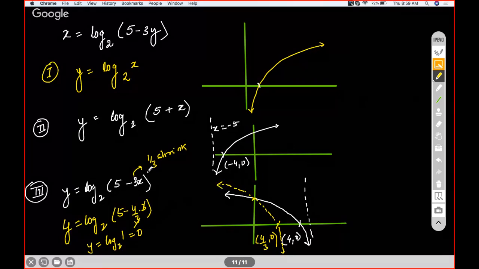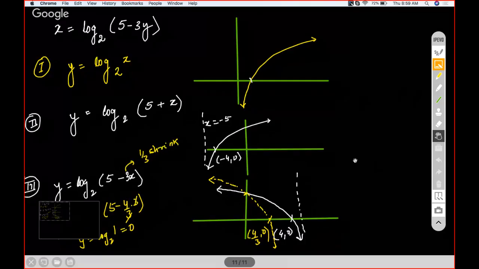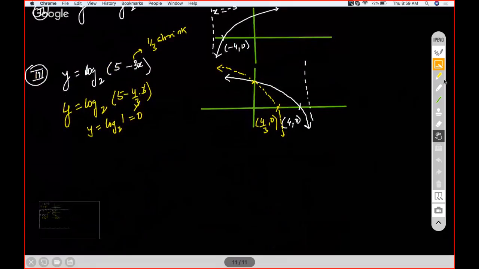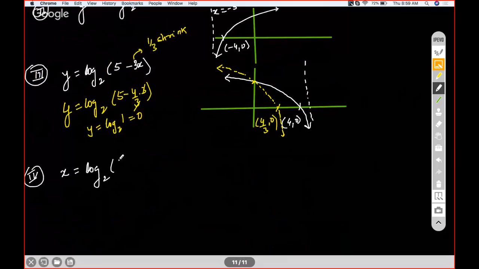Now, I have to swap the position of x and y. So the fourth step is to take the reflection of this graph about the y equal to x line.